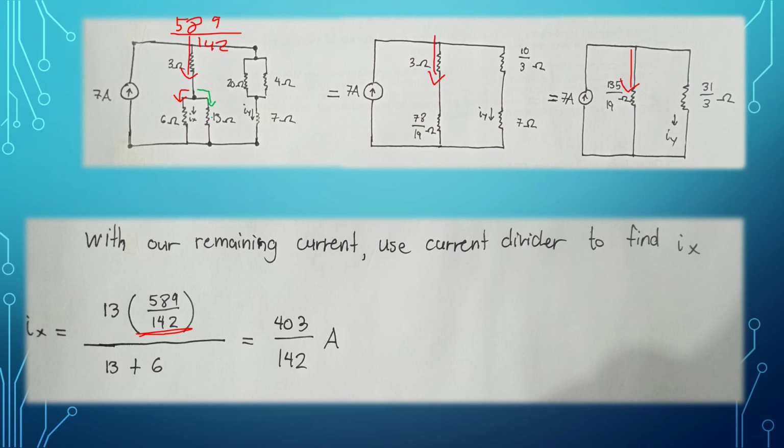So we get 13 ohms over 13 plus 6 times our current that is going through this circuit, which is 589 over 142. And then we get 403 over 142. So that is the current here.